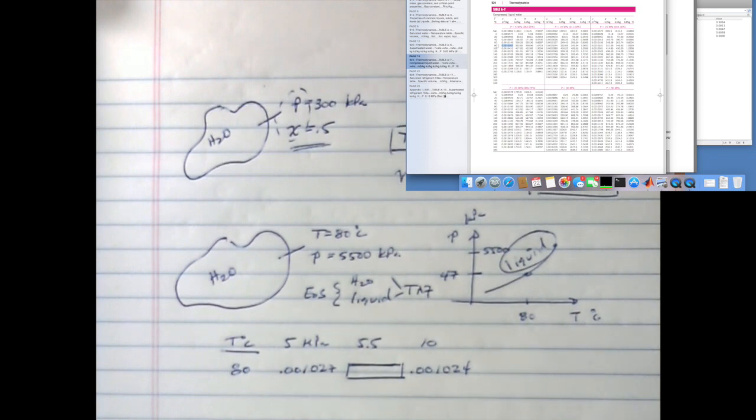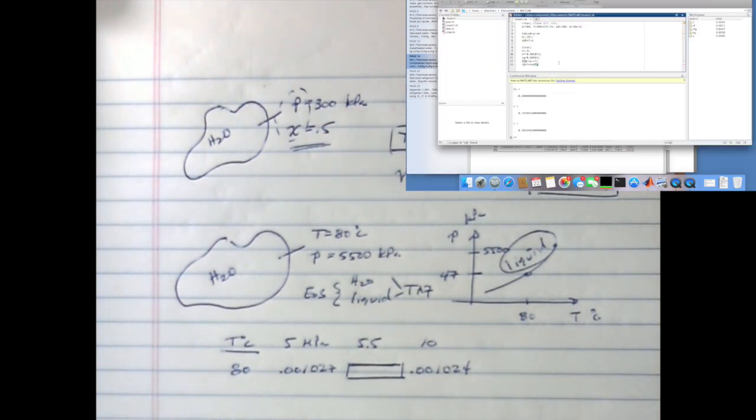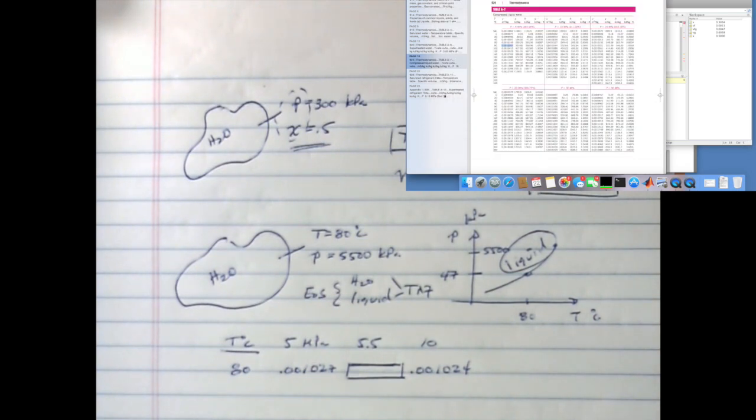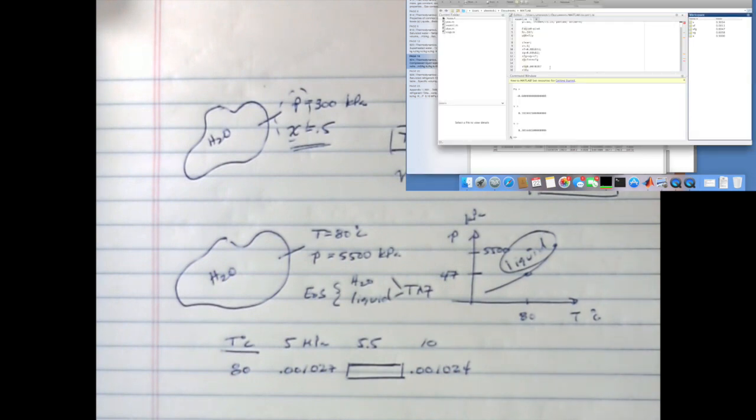And so we copy this and let's stick it into MATLAB. We have V at 5 is going to be that number, and we have V at 10 going to be his next door neighbor. We've already copied down into our table creation process. Then we find our volume that we want.